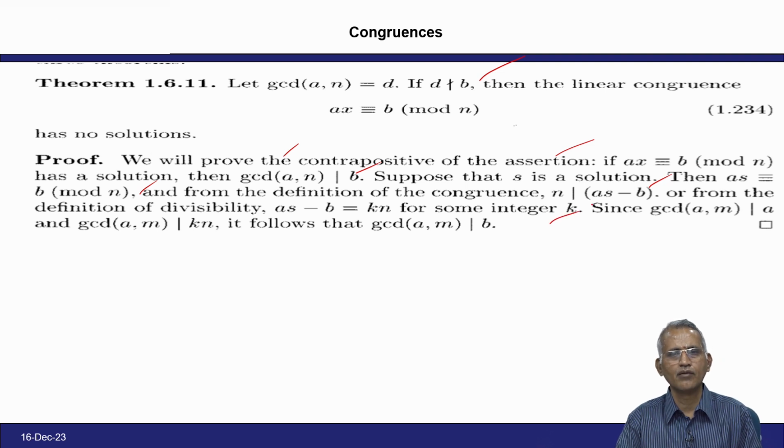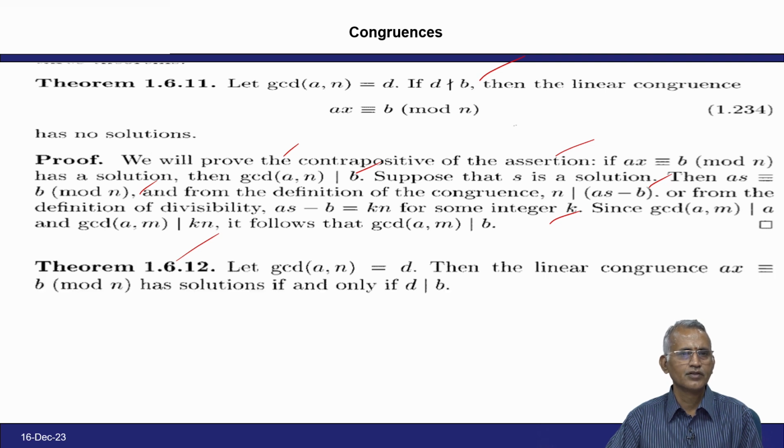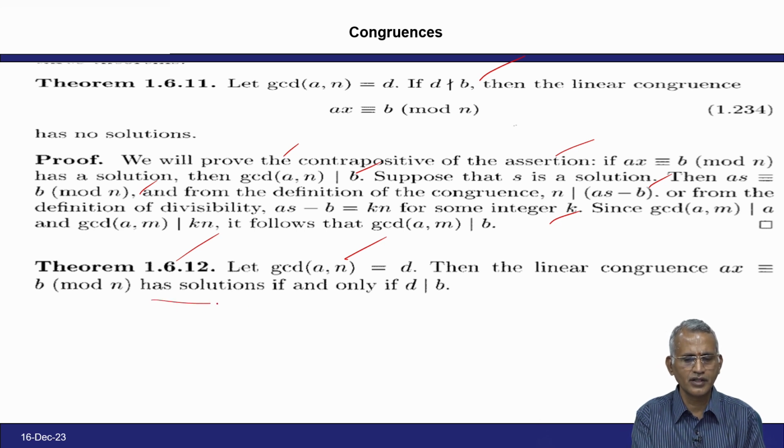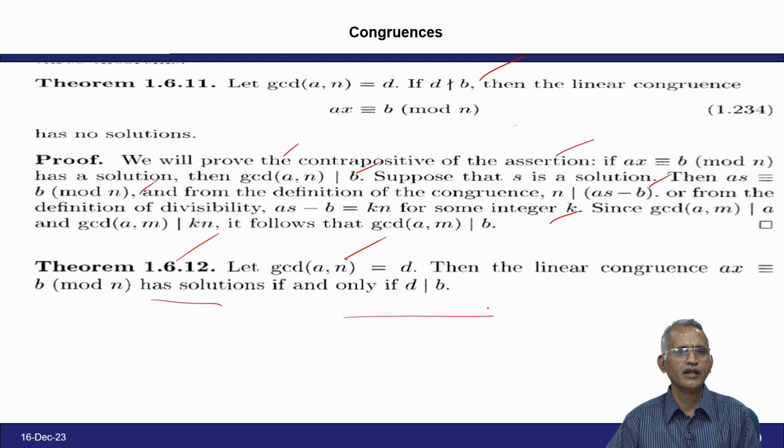Since the greatest common divisor of a comma n divides a and also divides kn, it follows that the GCD of a comma n divides b. So, based on that theorem: let the GCD of a comma n equal d. Then the linear congruence ax congruent to b under modulo n has a solution if and only if d divides b.